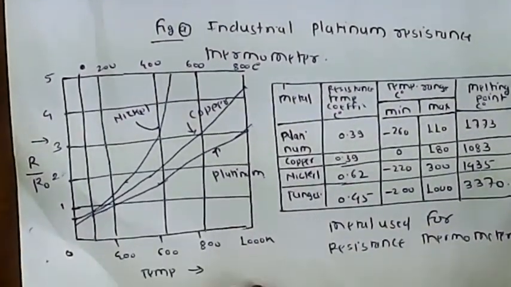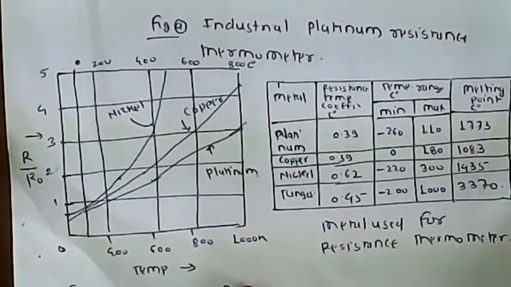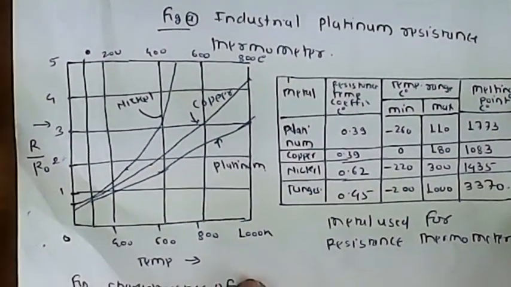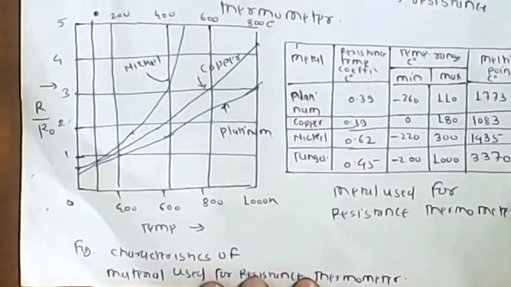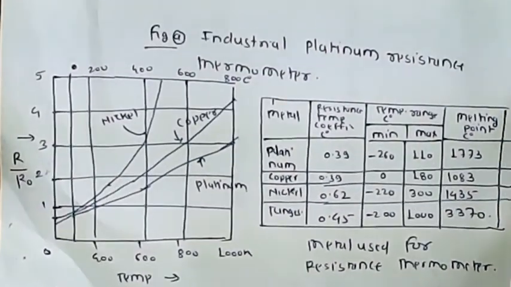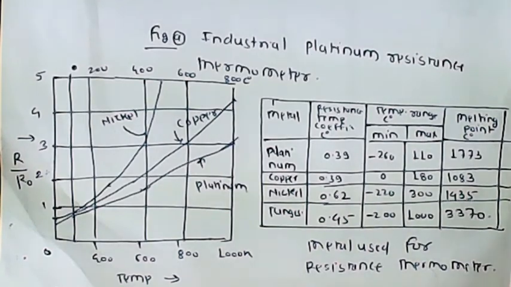So we can see the graphical characteristics, meaning the temperature characteristics for the various materials which are used for the resistance thermometer.